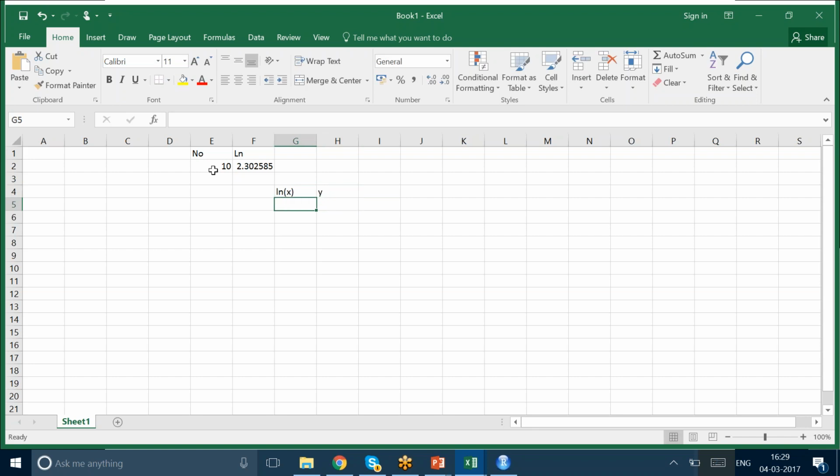What it means is x is equal to exponential of y. This relationship, okay? This mathematics, does everyone know?